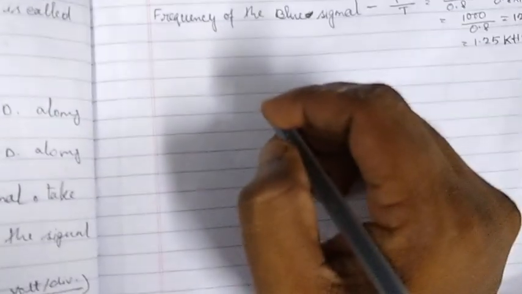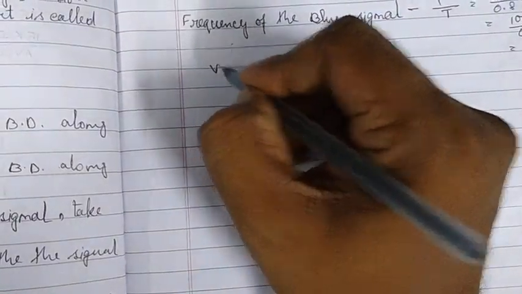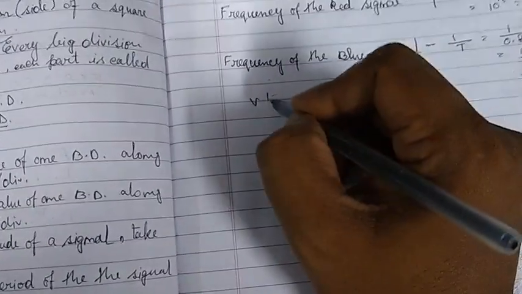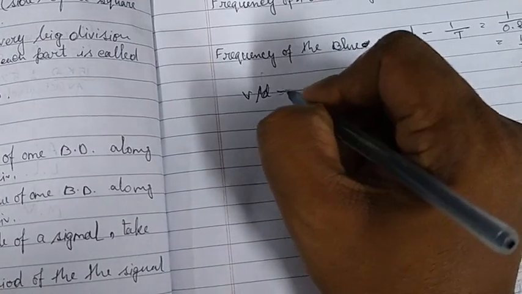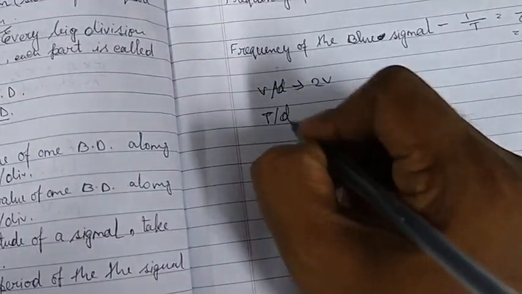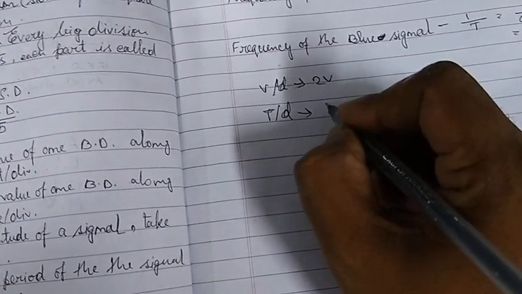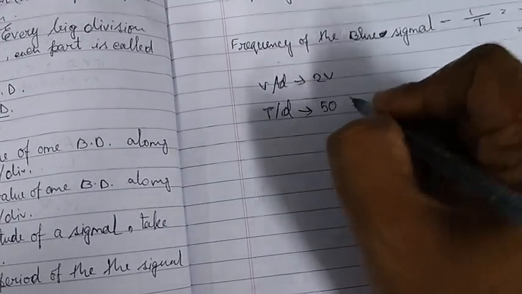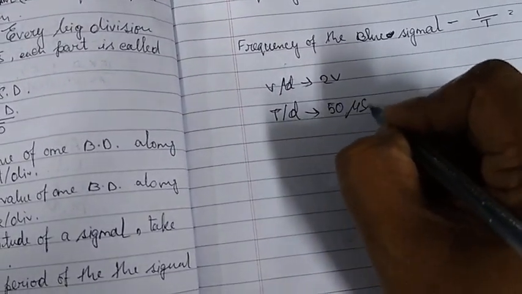So for this calculation, volt per division is 2 volt, time per division is 50 microsecond.